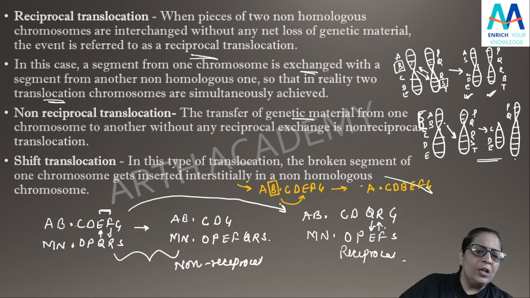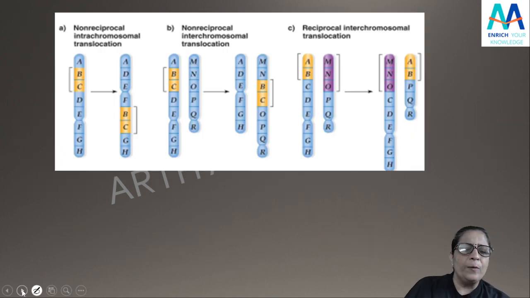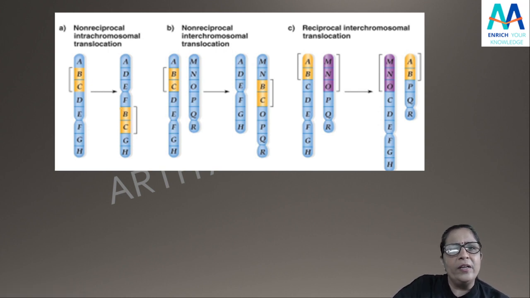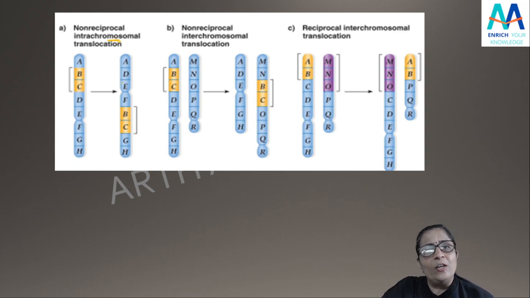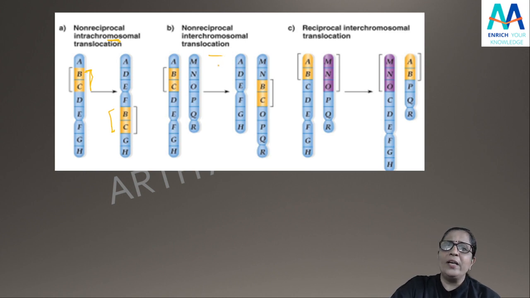Got it, students? So ये था आपका translocation. You can see here the figure. This is what is called as a non-reciprocal intrachromosomal translocation. Intrachromosomal, that means ये same AB, ये BC यहाँ से translate हो रहा, वहीं के वहीं आ गया. Am I right? This is interchromosomal, again non-reciprocal. This is BC, it is translocated here. From here it is deleted completely.